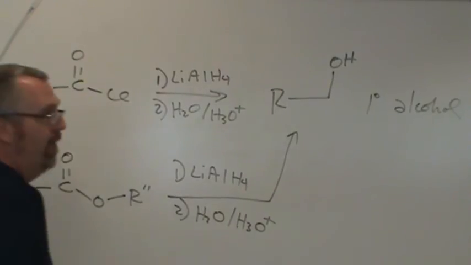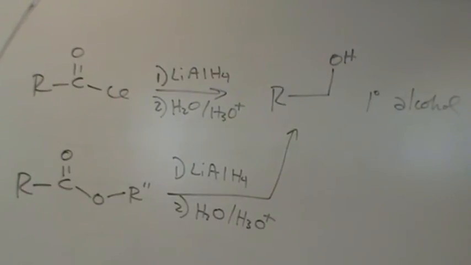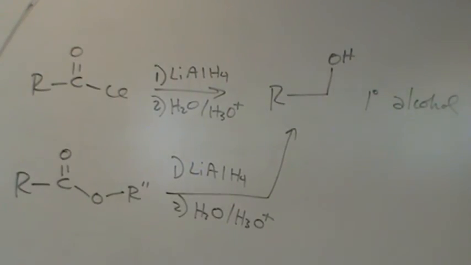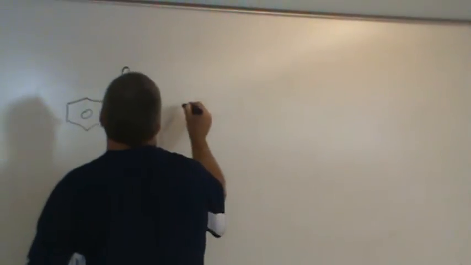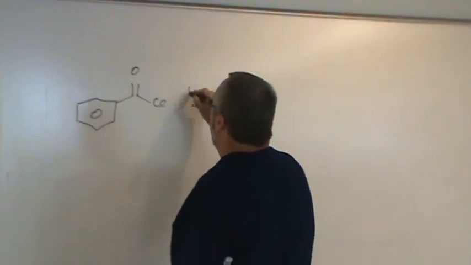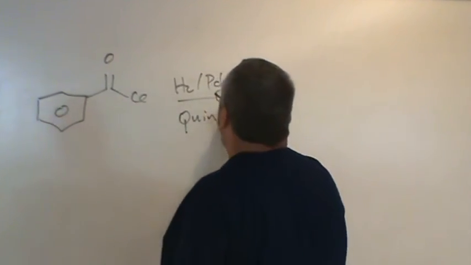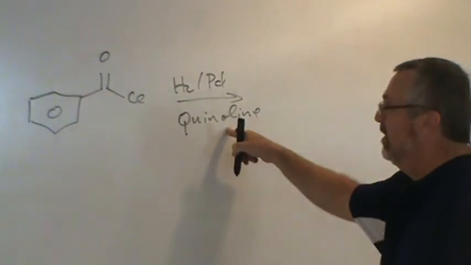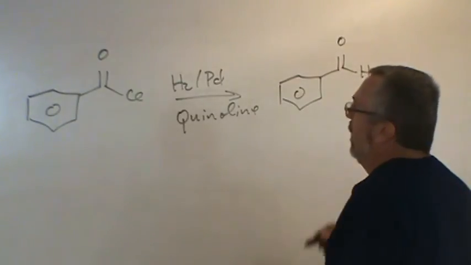Well, if you remember all that, then hopefully you also remember that it was possible to take that acid chloride and reduce it to an aldehyde and have the reaction stop there. We can stop the reduction at the aldehyde stage, and the way we did that was either a Rosenmund reduction, which was hydrogen in the presence of palladium and quinoline, quinoline acting as the poison, to give us the corresponding aldehyde.